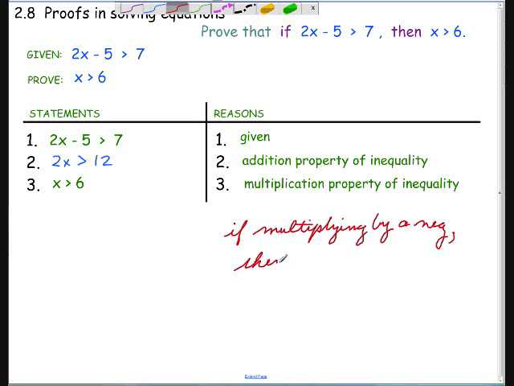Then, might as well put it in, I reverse the symbol. It didn't happen this time, but we don't want to forget that is the difference when we're talking about the multiplication property of an inequality. That's the difference from the multiplication property of an equation or an equality.